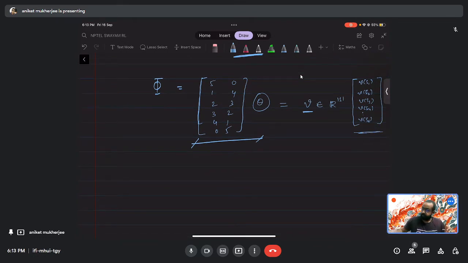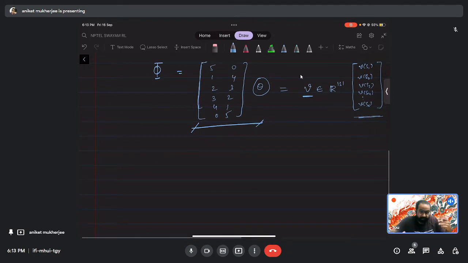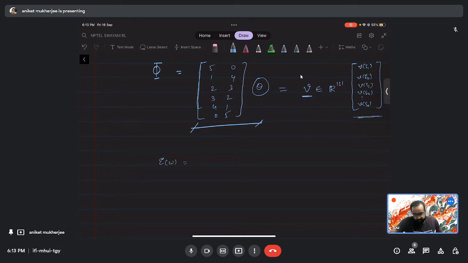So this is just one example of what we're trying to do. Now I'll just do what sir has tried to do in the class. I'll denote an error function. I don't think sir has denoted it as an error function, but it is the least mean square error, I think. So one thing you could do is minimize the expected value of (v_pi(s) minus phi transpose(s) dot theta) whole square.